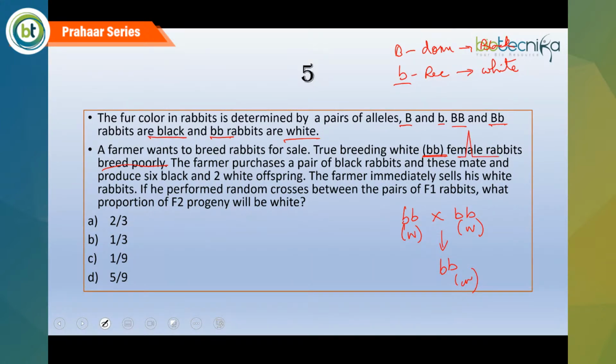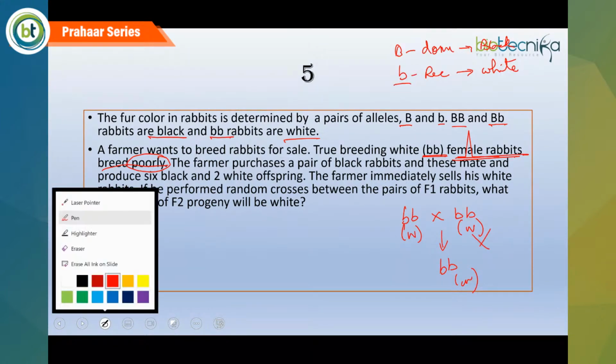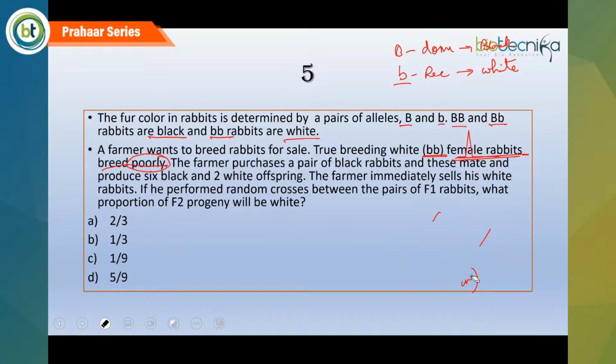Because the female white rabbits breed poorly. So that's why the farmer rejects this way. He doesn't go this way, and instead he buys two black rabbits and breeds them. Now, when he bred these black rabbits, in the next generation he got 6 black and 2 whites.